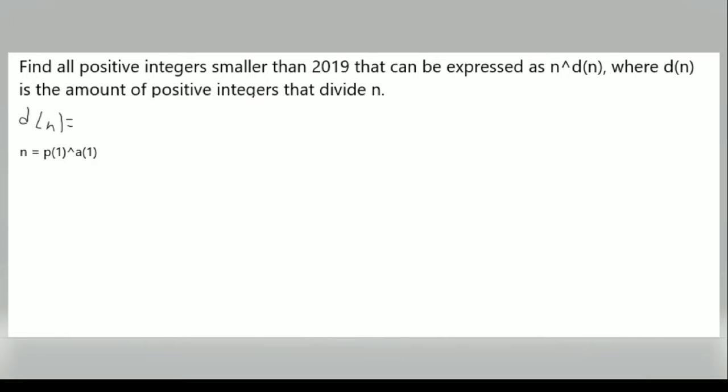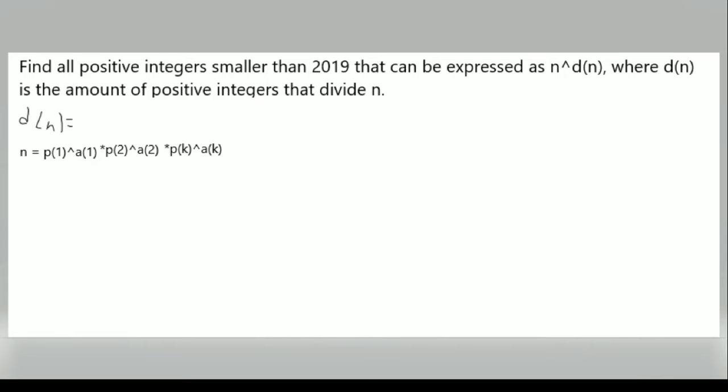This is multiplied by another prime number with maybe a different power, p2 to the power of a2, and we can go on until pk, the largest prime number, to the power of ak, which is the decomposition of n.